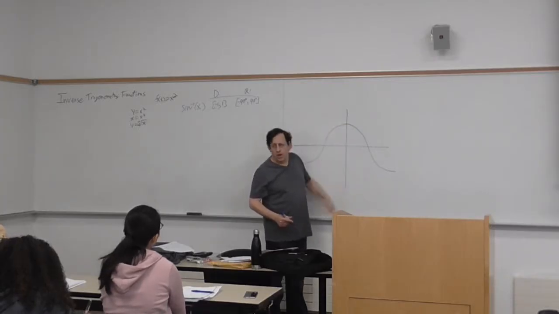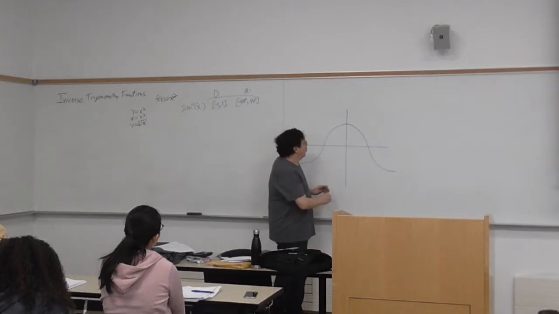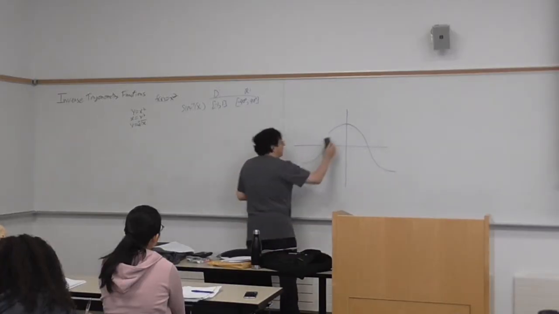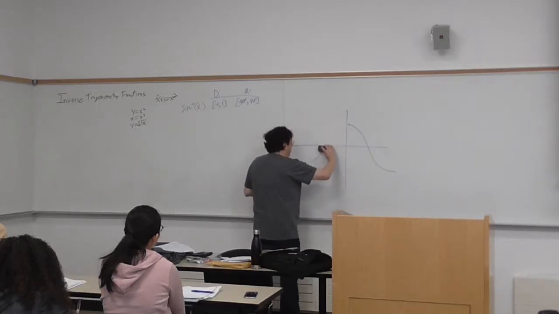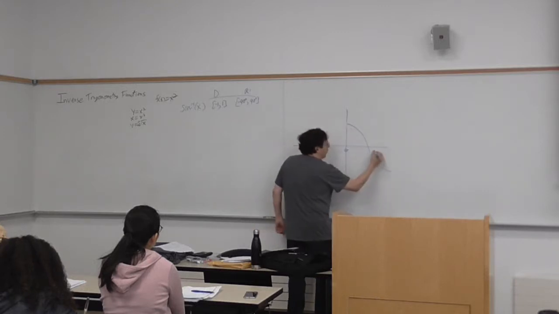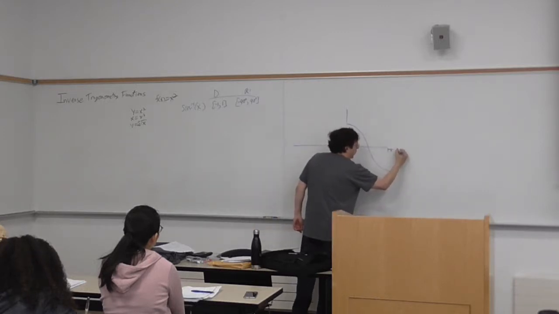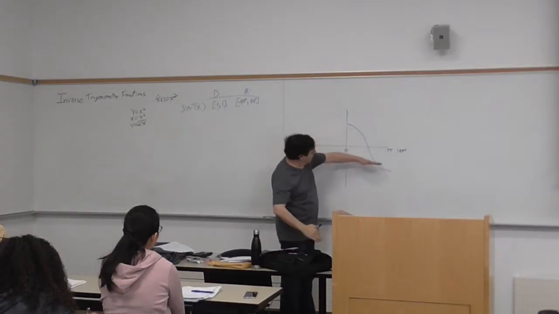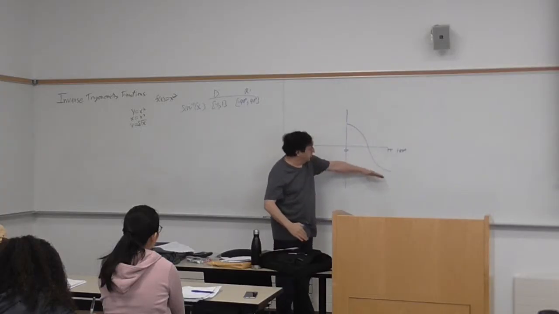Well, in the case of the cosine, it's a little more convenient. We can just take the domain of the cosine and restrict it from 0 to pi, or 0 to 180 degrees here. And you see, we will cover the entire range of values.